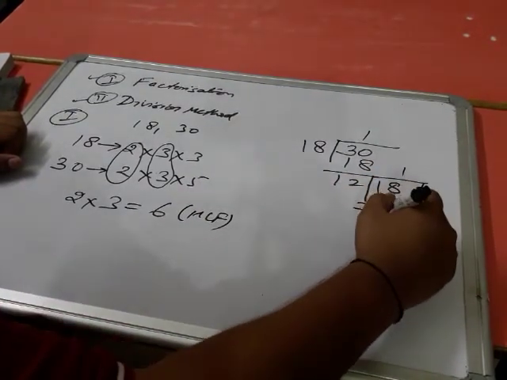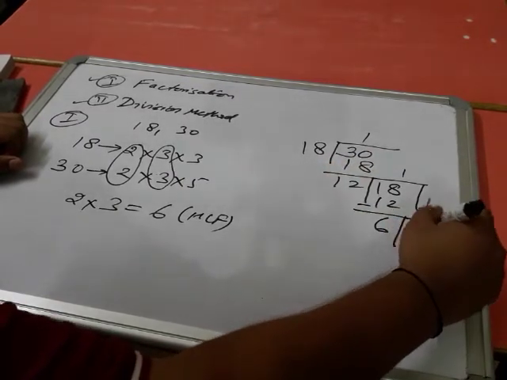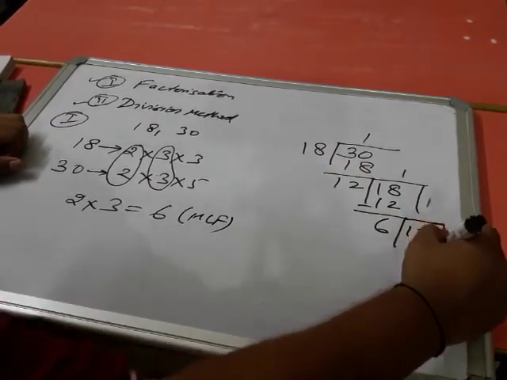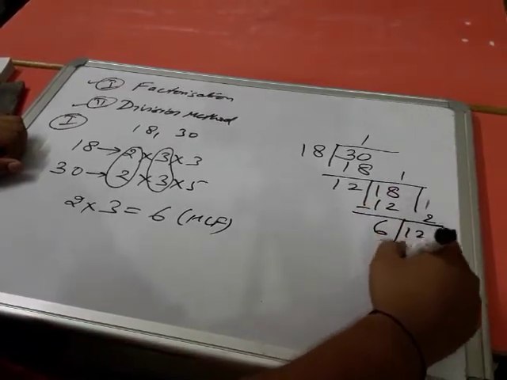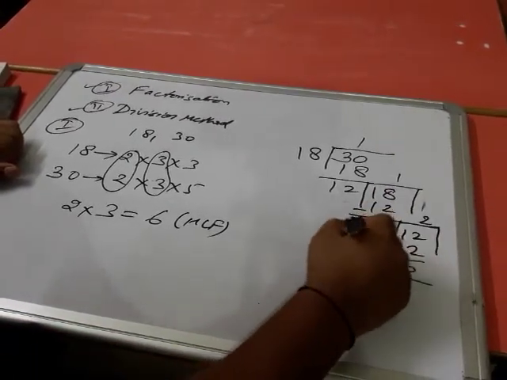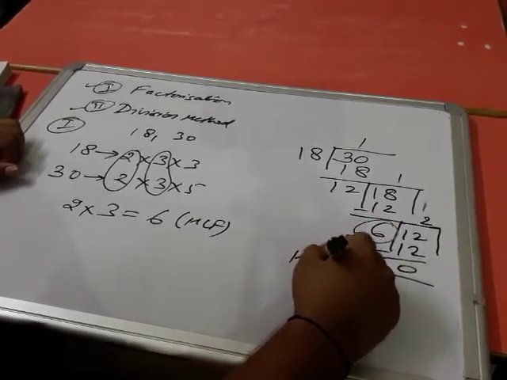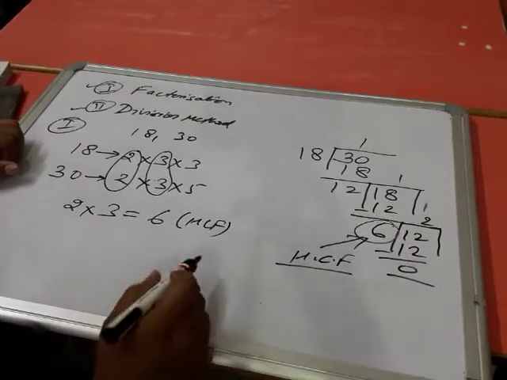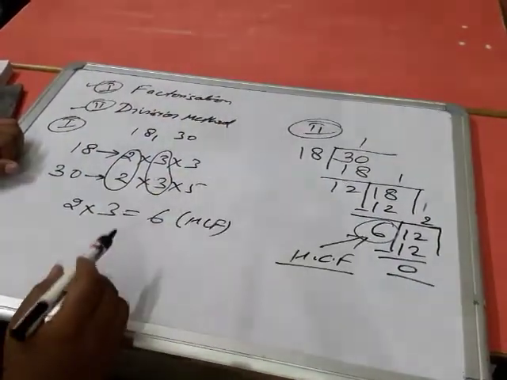Now 18 minus 12 is 6. Again 6 becomes the divisor and 12 becomes the dividend. We go on dividing till we get 0 as a remainder. 6 twos are 12 and we get 0. What is the last divisor? That is 6. So 6 is the HCF. The last divisor is the HCF. This is the second method, called the division method.